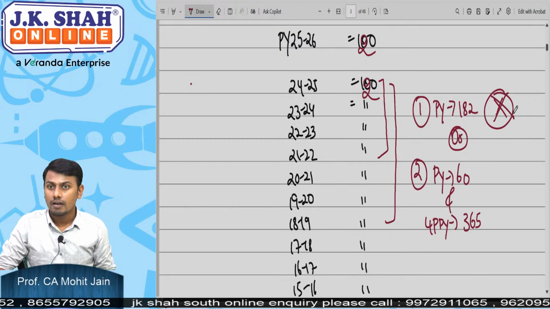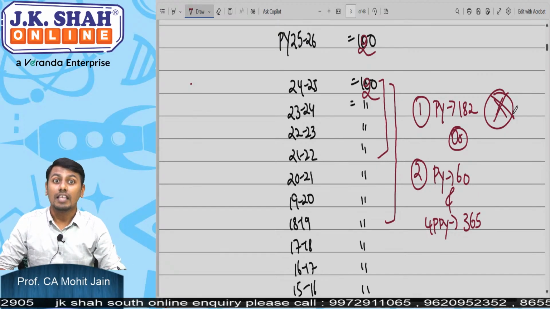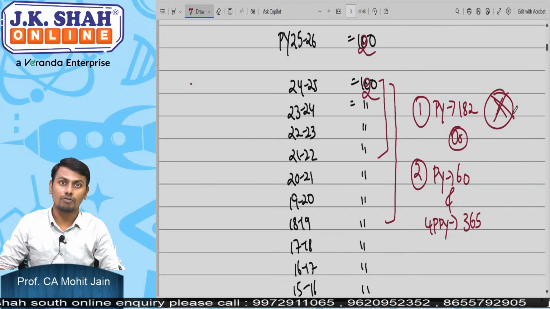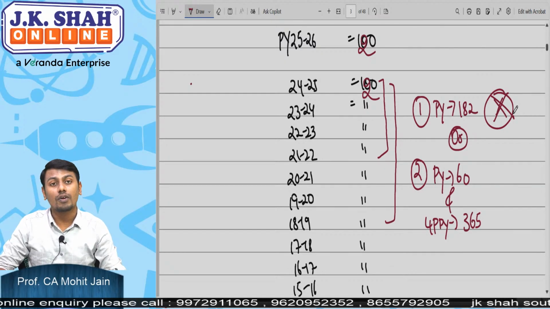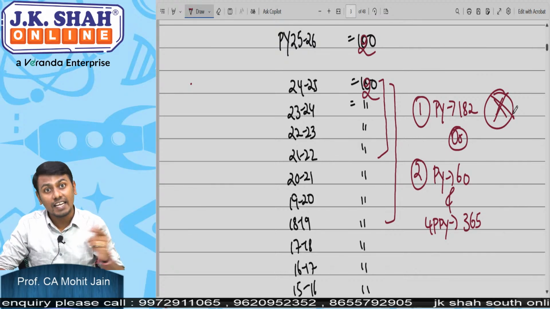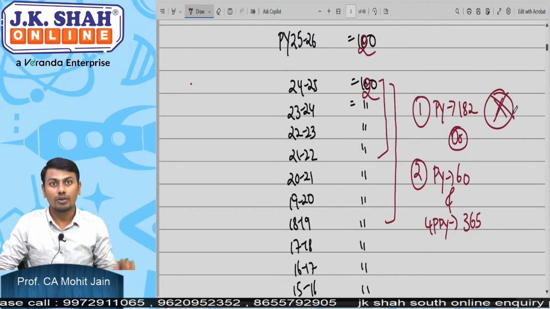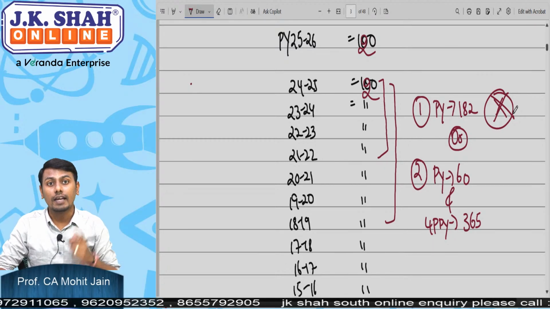No. But now will basic condition number 2 be applicable? Yes. But the modified basic condition, because he is an Indian citizen staying outside India and coming to India for a visit, and his Indian income is also more than what? 15 lakhs. So now modified basic condition 2 will be applicable, that is 120 days or more.